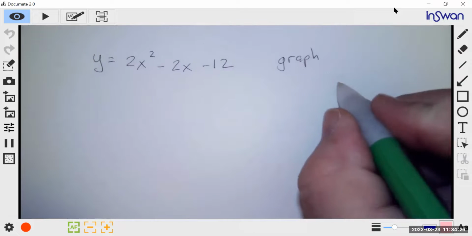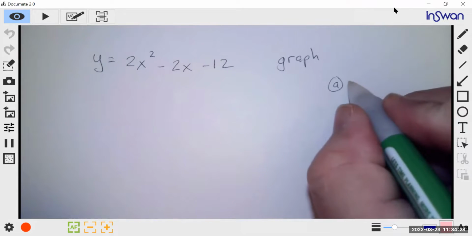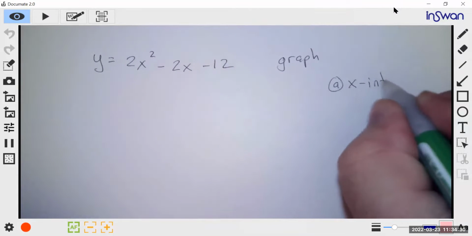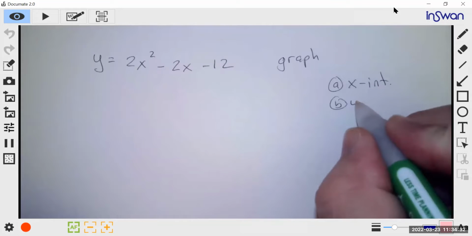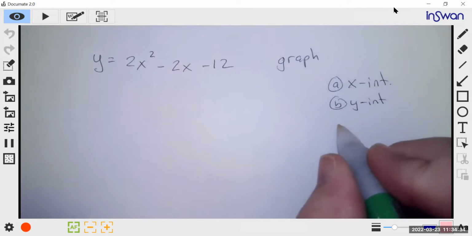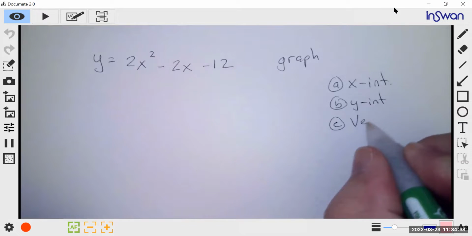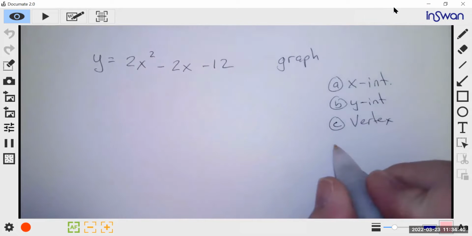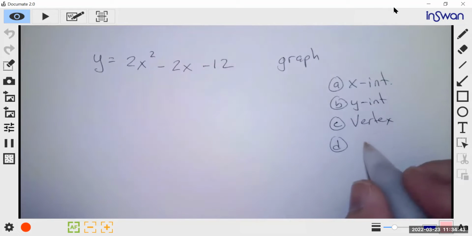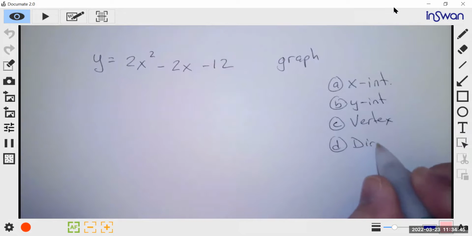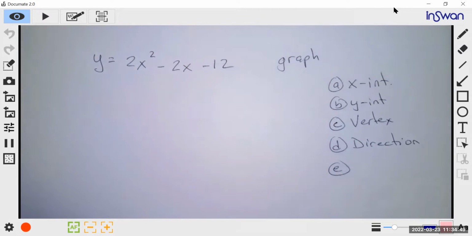So we have to find these parts: x-intercept, y-intercept, vertex, direction, shape.